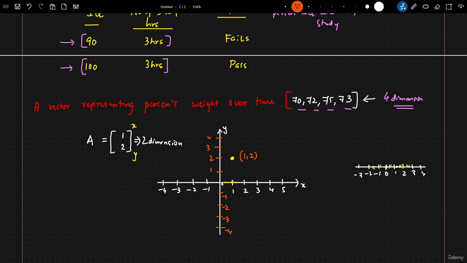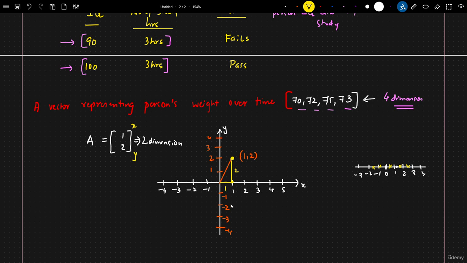Again, in order to calculate the distance between the origin and this vector, it is very simple, because you can directly apply the Pythagoras theorem. This value is 1 and this value is 2.